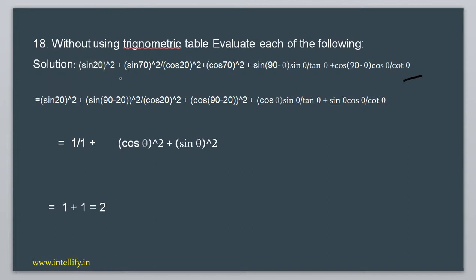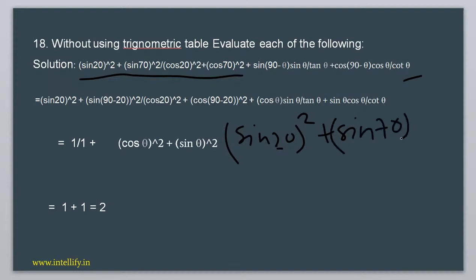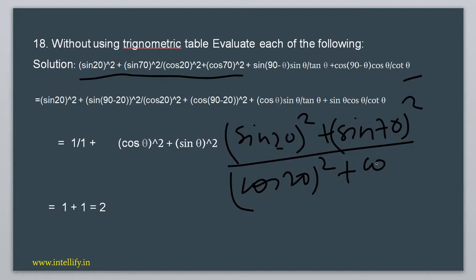I'm taking this part first: sin 20 whole square plus sin 70 whole square by cos 20 whole square plus cos 70 whole square.